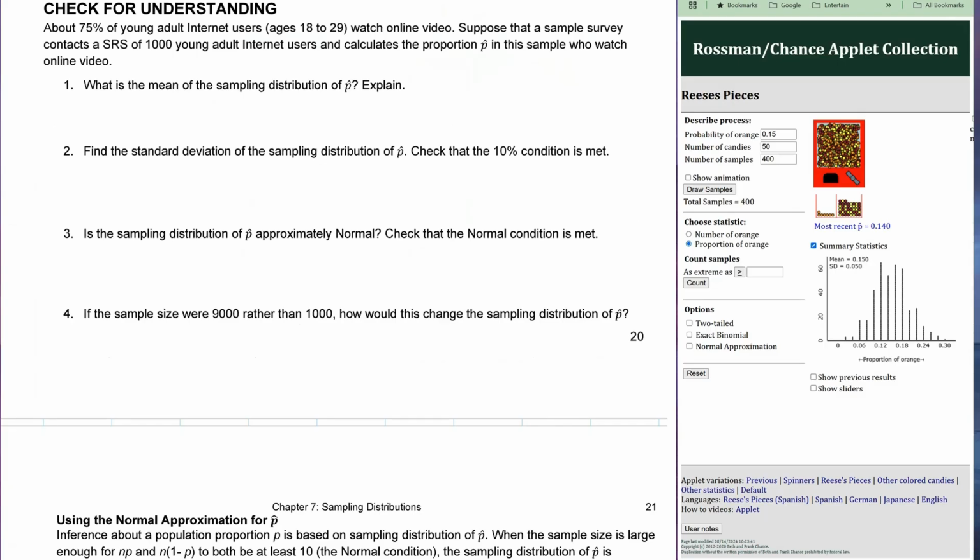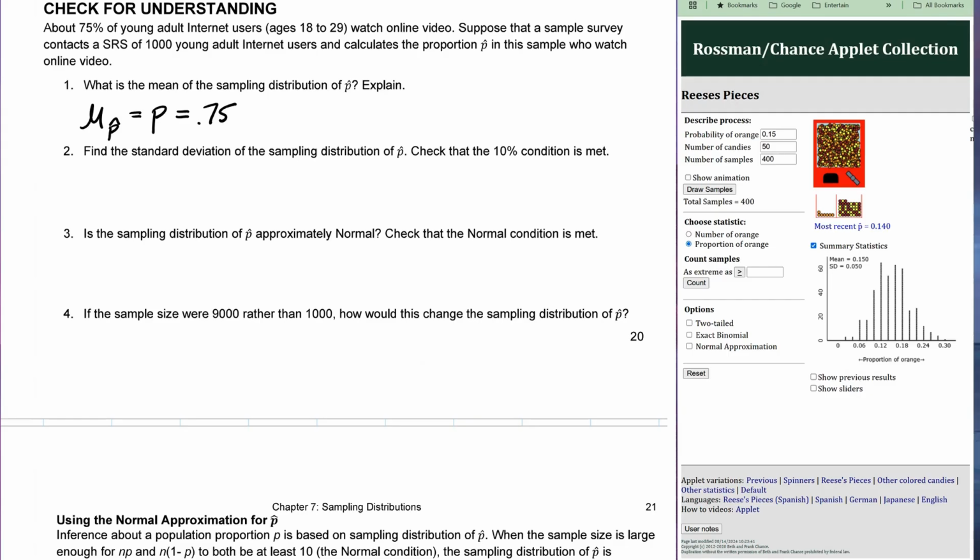Suppose that a sample survey conducted of 1,000 young adult internet users calculates the proportion p-hat of the sample who watched that online video. What is the mean of the sampling distribution of p-hat? Where our symbol is mu subscript p-hat, and we think that that's equal to p, and we were told that p was 0.75. Do we have to check any conditions to say that's true?